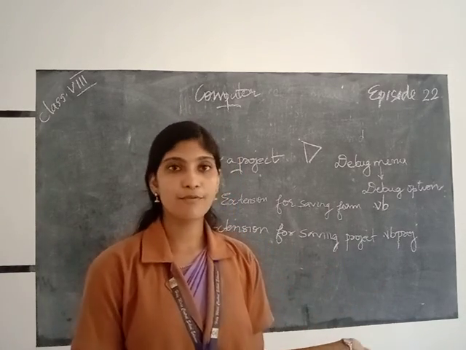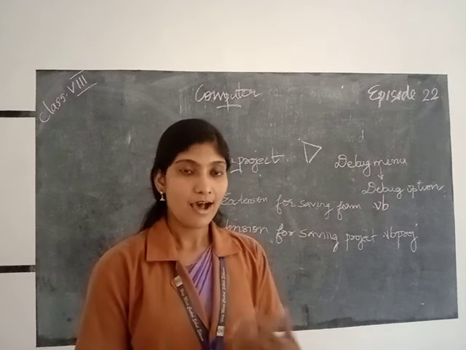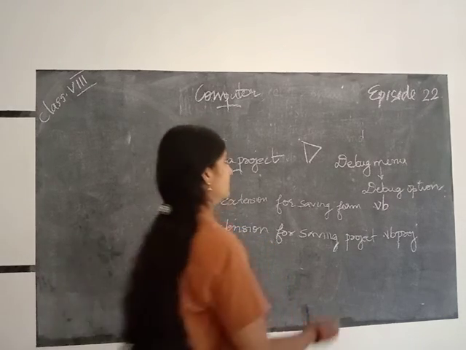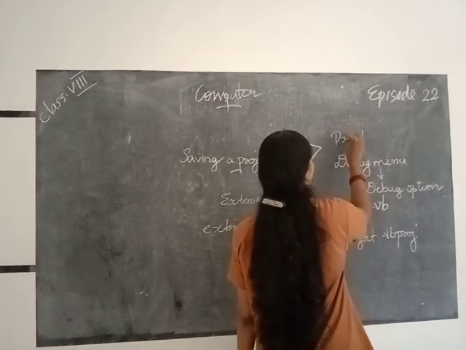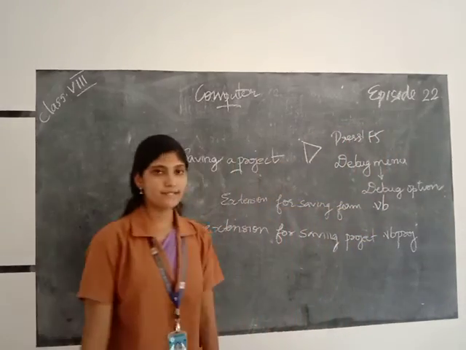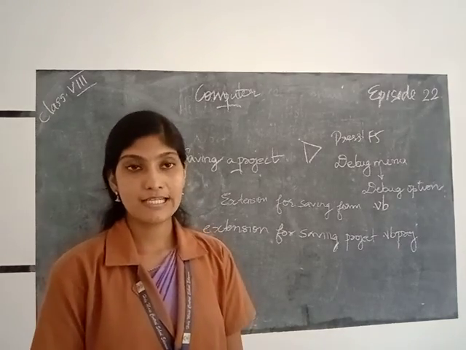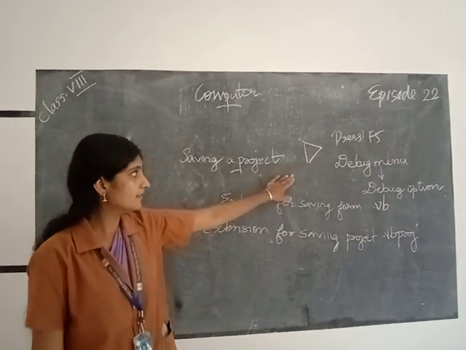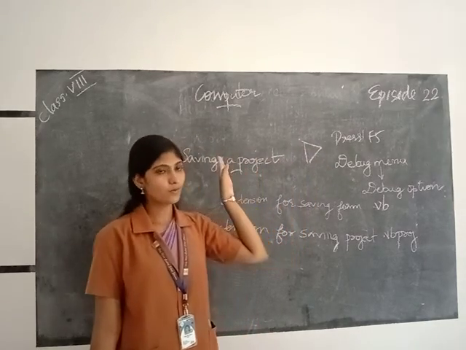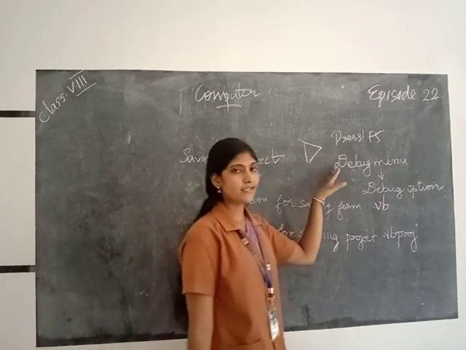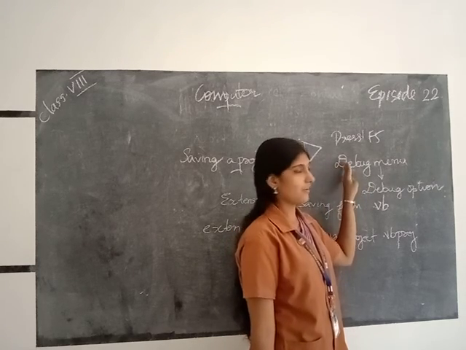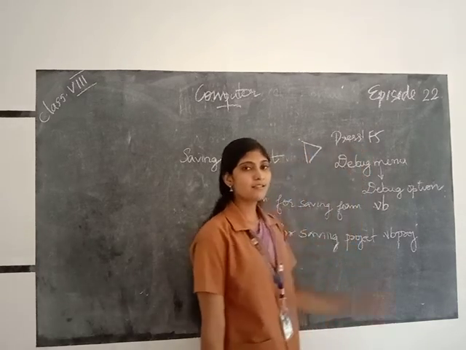So this is another way for running the project. Another way means just press the F5 key. So first option, there is a start button or run button. You just click on it and the project will run. Another option, click the debug option from the debug menu so that the project will run. Another option, press F5.